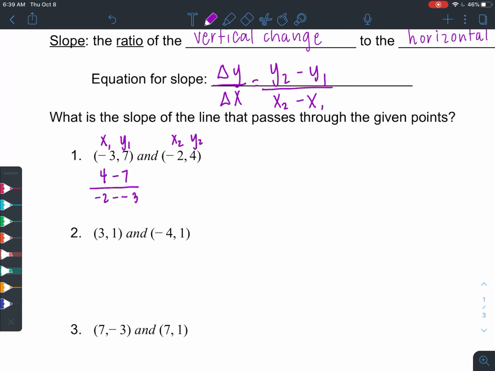So I've got negative 2 minus negative 3 over 4 minus 7, which is negative 3, and 2 minus a negative 3 is 1. We always want to simplify that fraction down as low as possible for when we graph. So this is going to be negative 3 is equal to m. So that is what we call our slope, m.